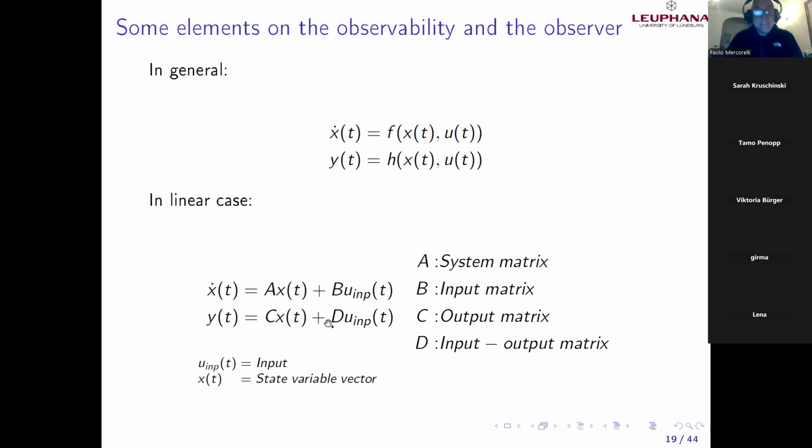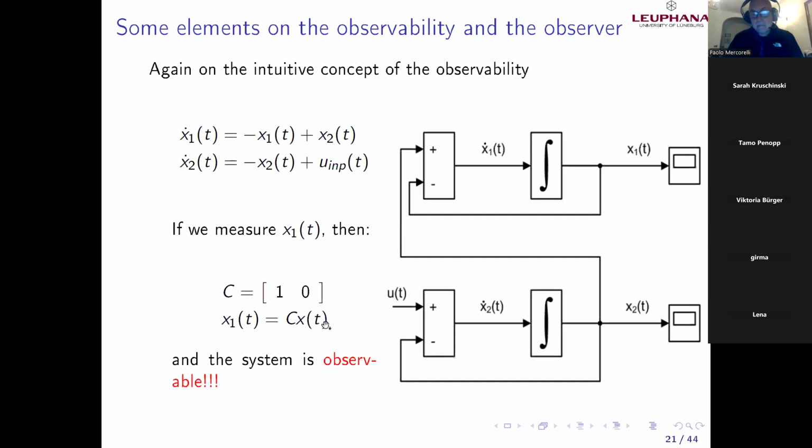Now, at this moment, D is 0, at least in these examples, because I am measuring x1, I am measuring x2, just the state. But in some cases, the structure of the sensor system or the sensor map could be more complex. We can see that C maps what I am measuring, at least in our examples.